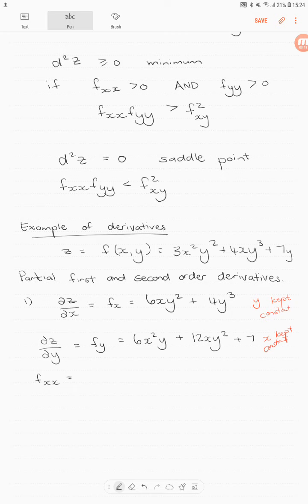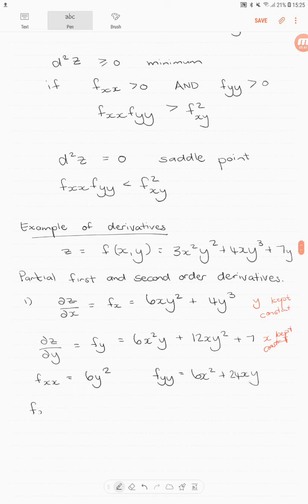So fxx will be equal to 6y squared. Fyy is equal to 6x squared plus 24xy.